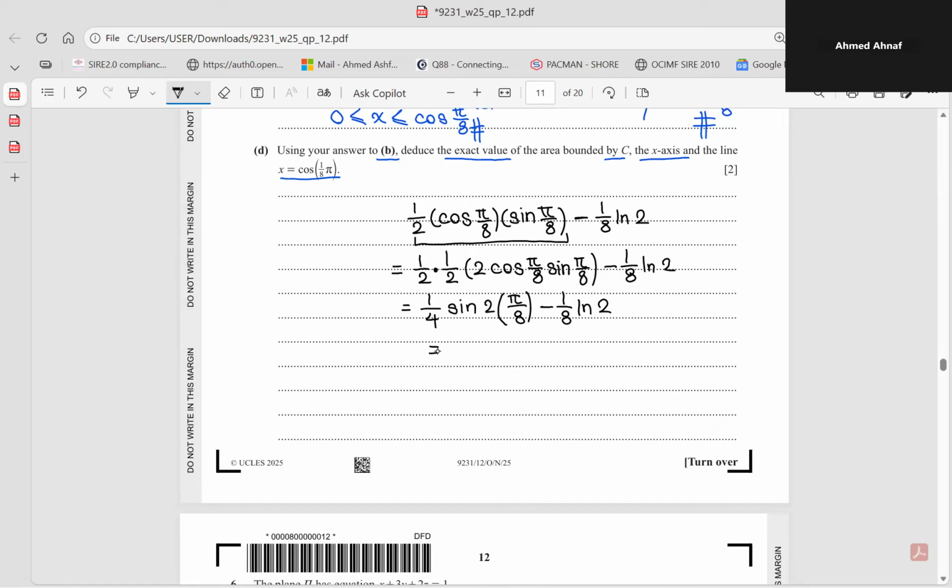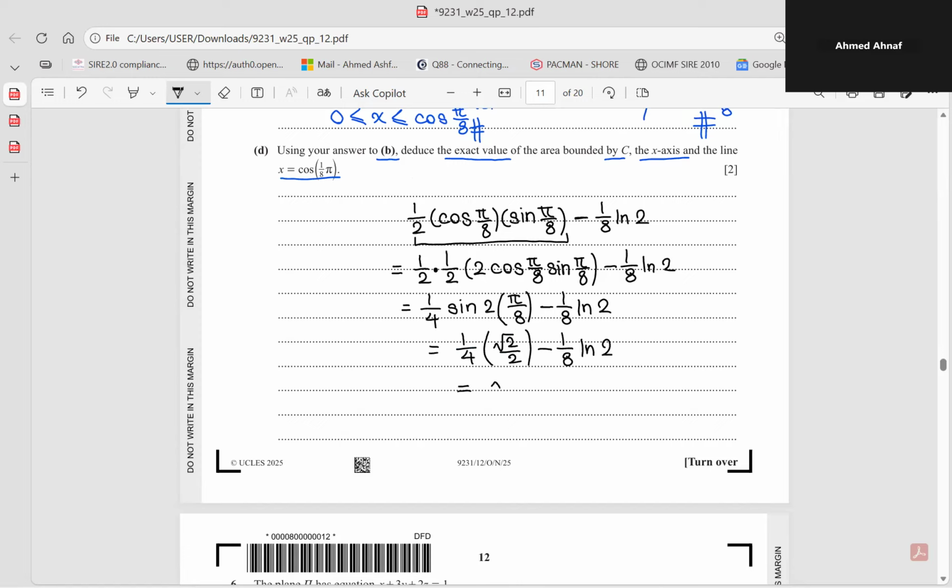So we know what sine 2 times pi over 8 is. It's just sine pi over 4. And that is 1 over 4 times square root 2 over 2, minus 1 over 8 ln 2.